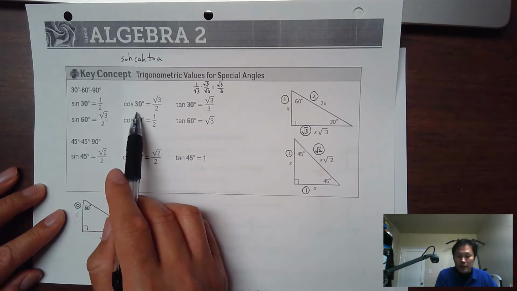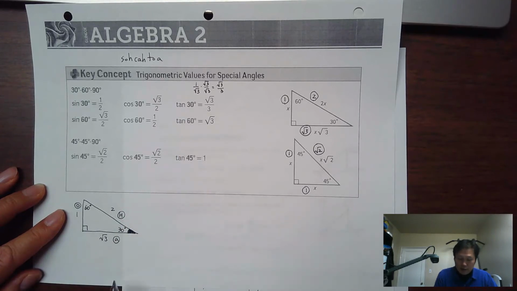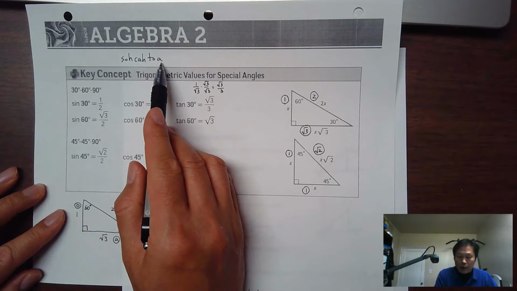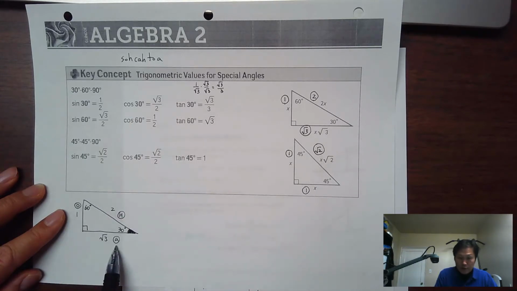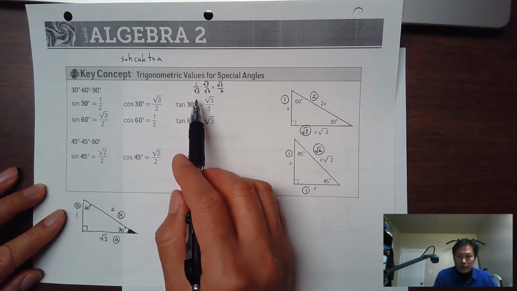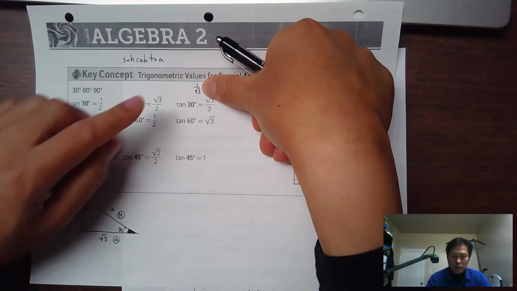For tangent 30 degrees, tangent will be O over A, opposite over adjacent, so 1 over square root 3 will be tangent 30 degrees.